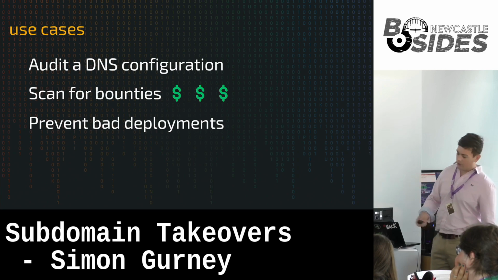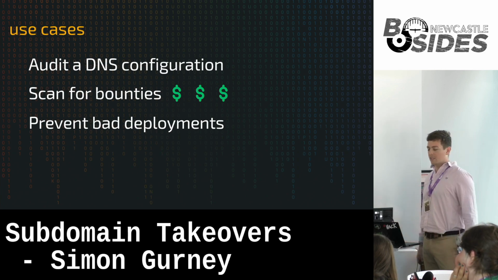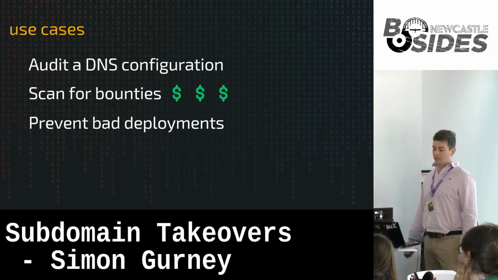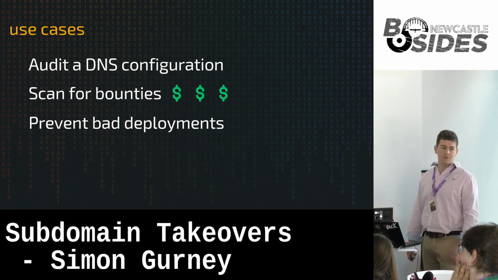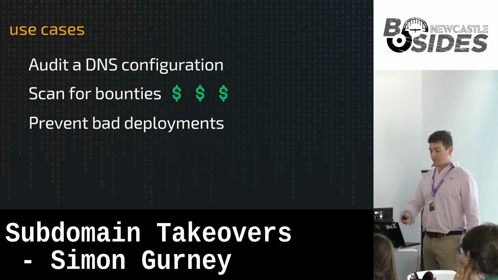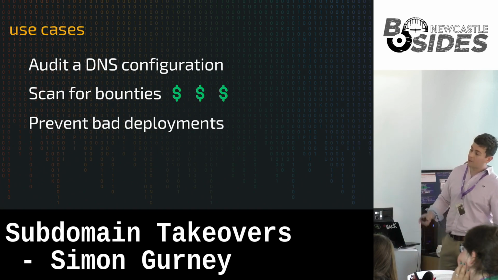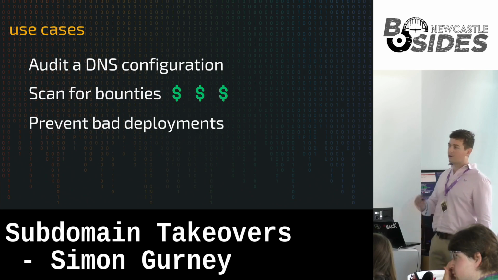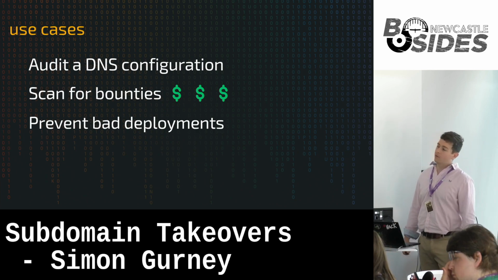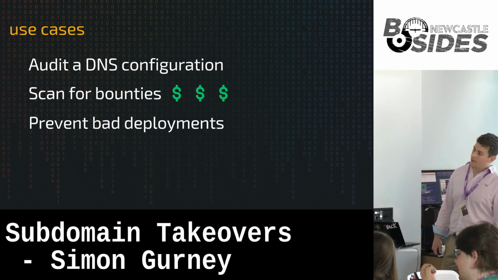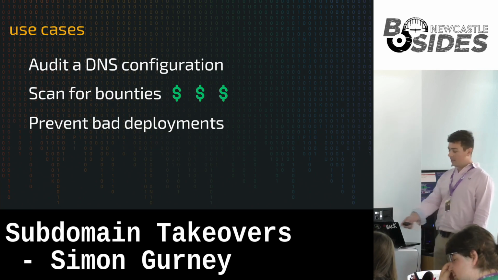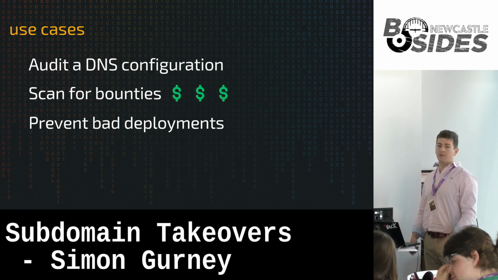Use cases: periodic audits. We'd like to see people doing something to audit DNS, and we wrote this because we think it's what you should be doing, but we're open to suggestions. Scan for bounties to get money. We did find 3 bug bounties, but they're all on programs that don't pay any money, fortunately, so we didn't get any dollars. And then prevent bad deployments, the scenario I just talked about.